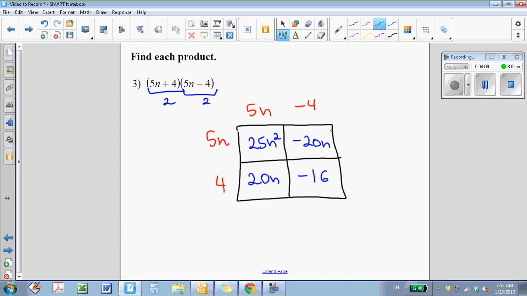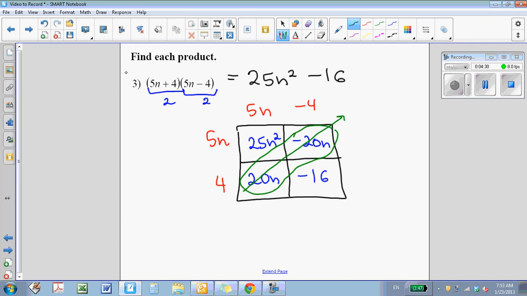Usually we have like terms diagonally, so we take a look, and we notice that they actually would cancel out because we have a positive 20n and negative 20n. So this is actually just going to go away, so there are no n terms. So the only thing we have is 25n squared minus 16.